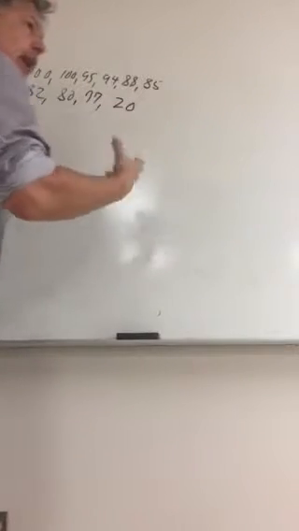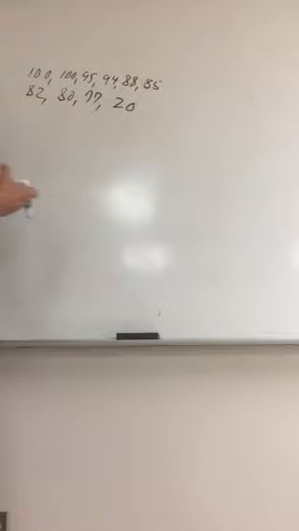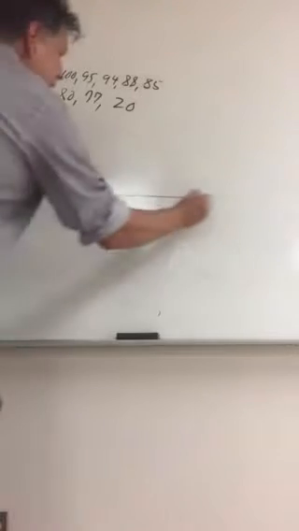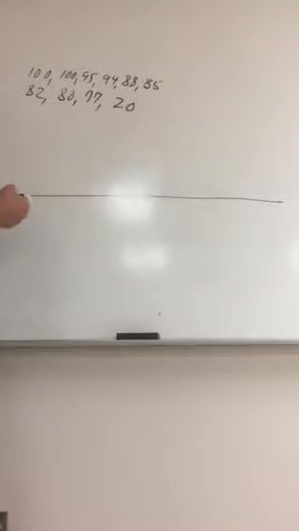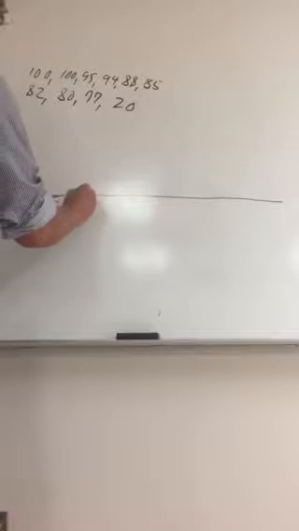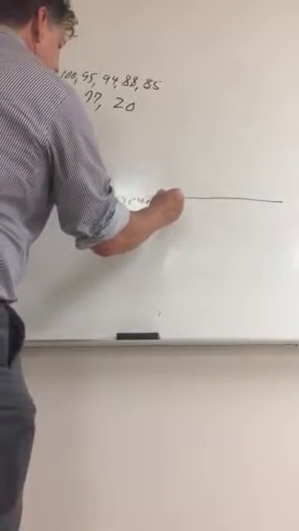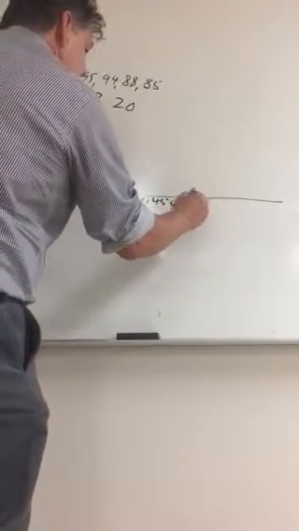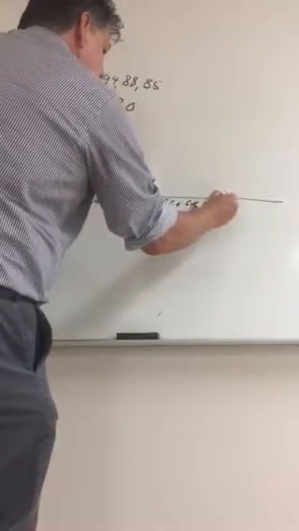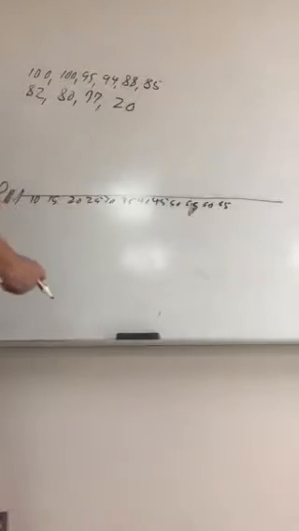Now, what I'm going to ask is how to identify outliers, or data that does not match the rest of the data. And this is a good way to do it. So I'm going to draw a little continuum here with numbers.